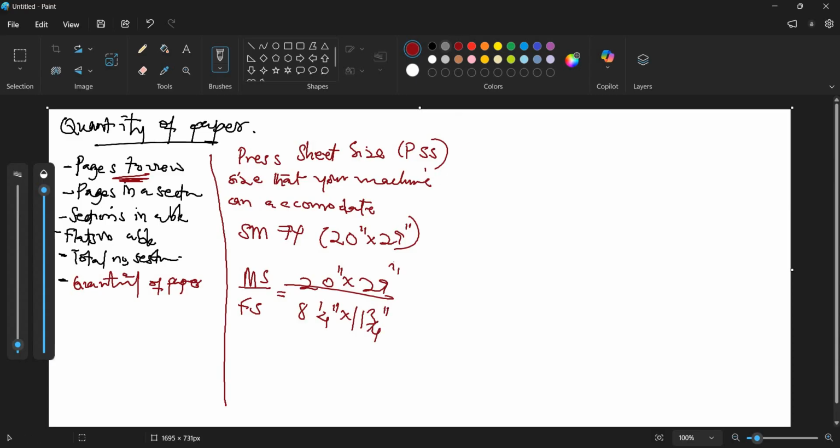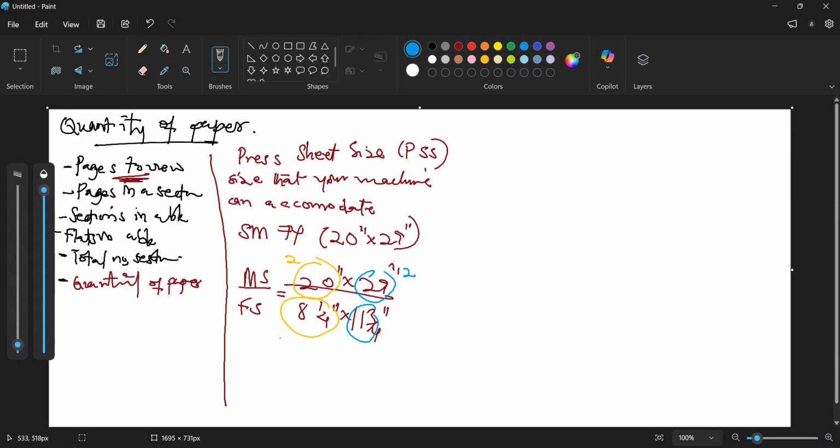So when doing our cancellation, we used the 11¾ to cancel the 29, and then we used the 8¼ to cancel the 20. When we did that, we had 2 for both, so that means each of them is giving us 2 out.